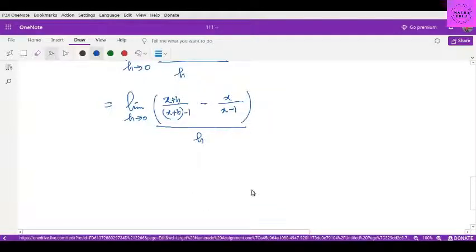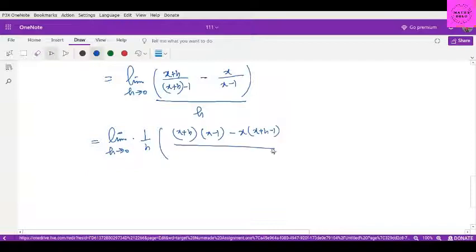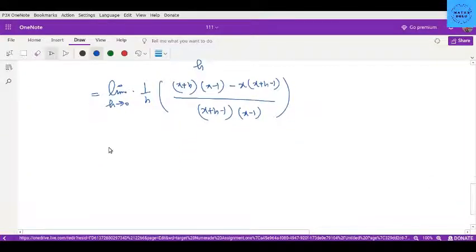So we have therefore limit h tends to 0, 1 upon h into x plus h into x minus 1 minus x into x plus h minus 1 upon x plus h minus 1 into x minus 1. So further this is equal to limit h tends to 0, 1 upon h into minus h over x plus h minus 1 into x minus 1.